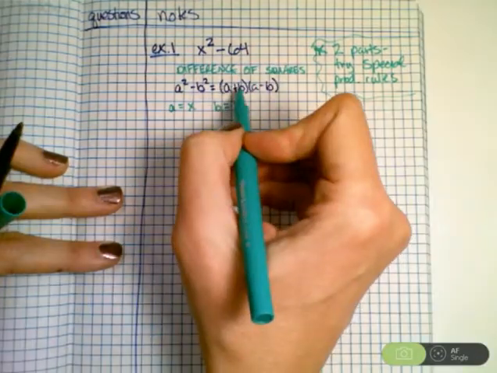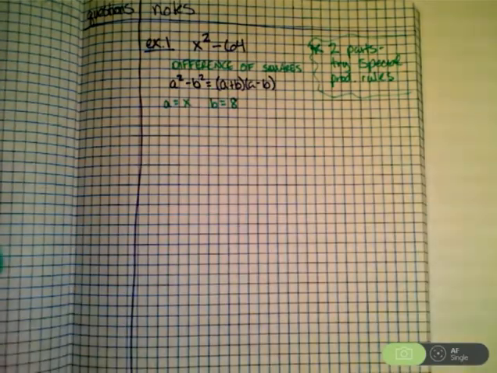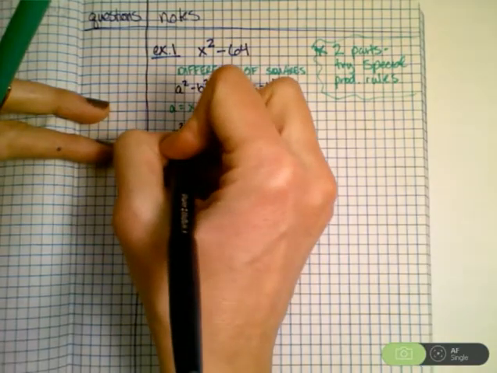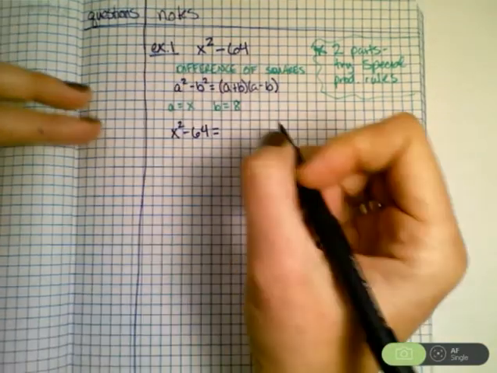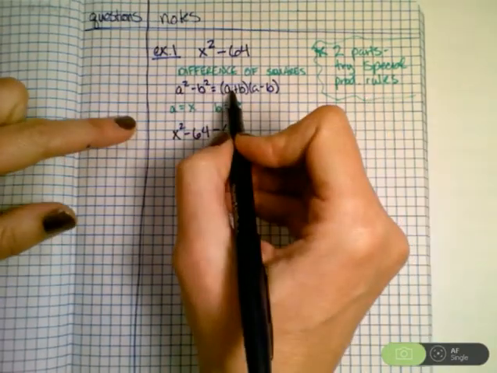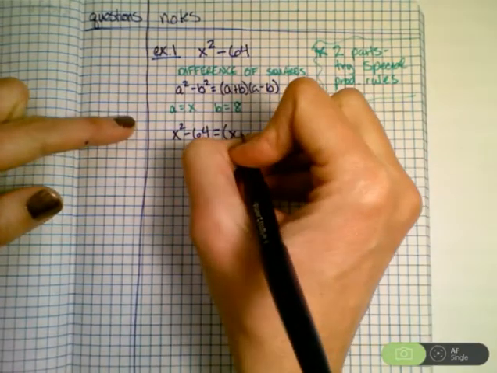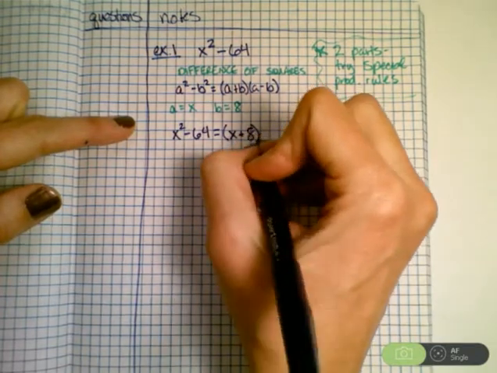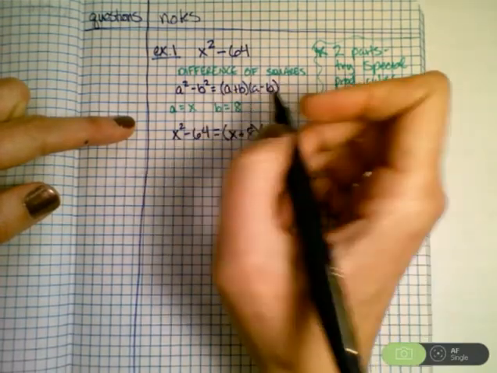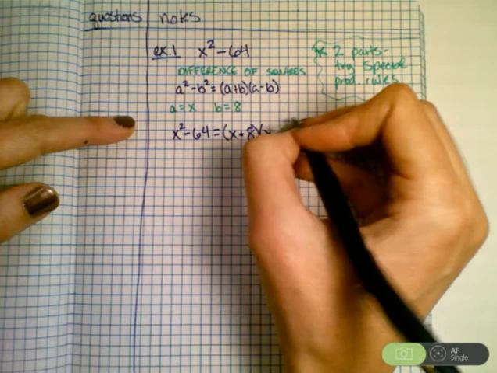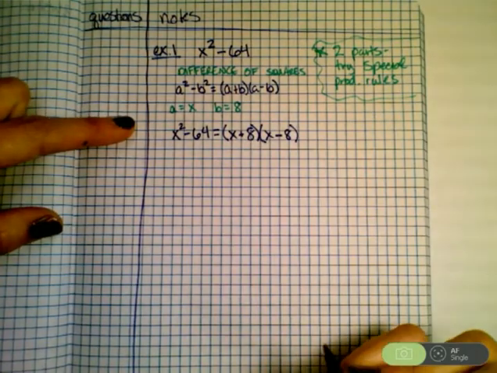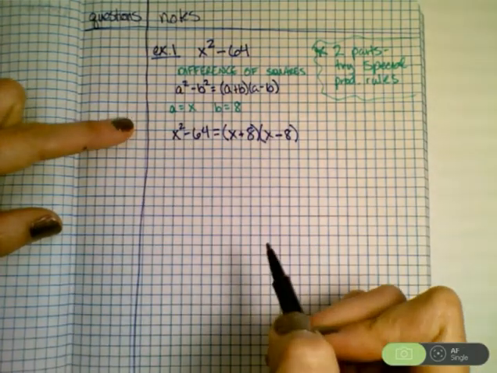Once I know that, I just plug in that a and b right into that equation. So x squared minus 64 equals, parentheses, a, which is x in this case, plus b, which is 8, times a, which is x again, minus b, which is still 8. And I've now factored that problem.